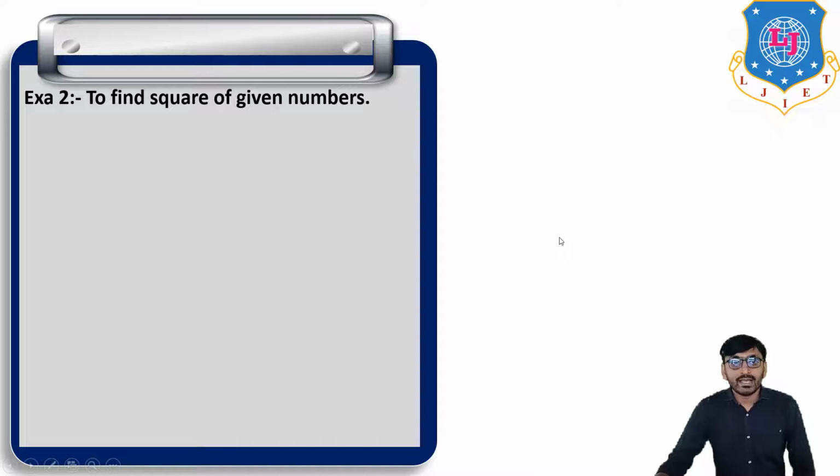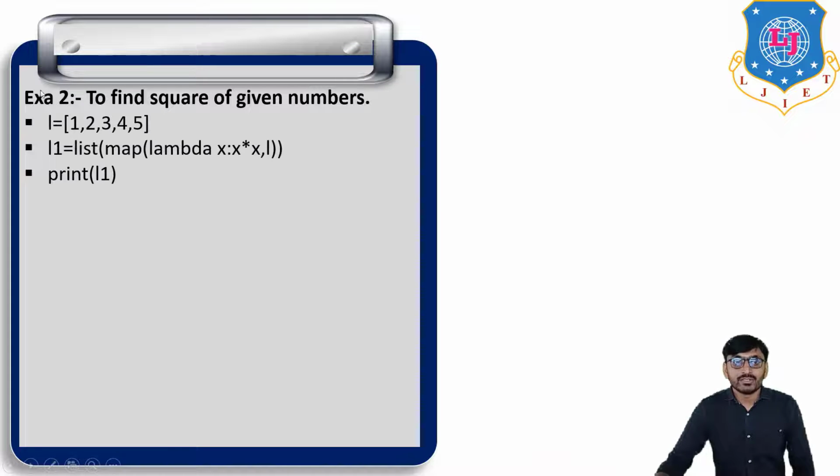Okay. Now example number 2, to find the square of a given number. So L is equal to 1, 2, 3, 4, 5, and L1, another list, is equal to list, and inside the list the map function, inside the map function the lambda function.